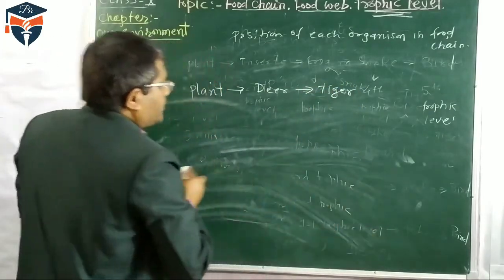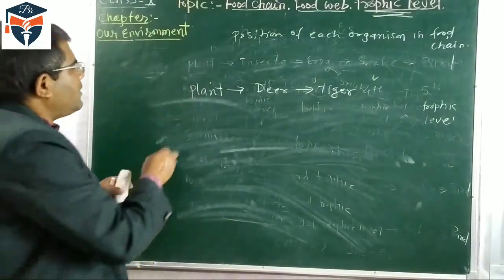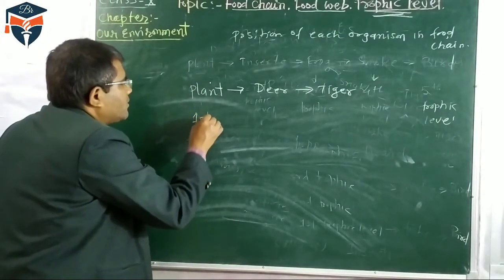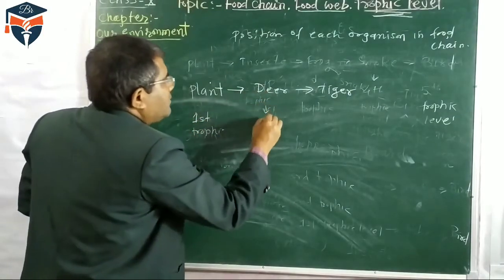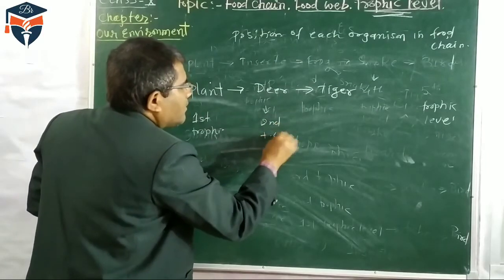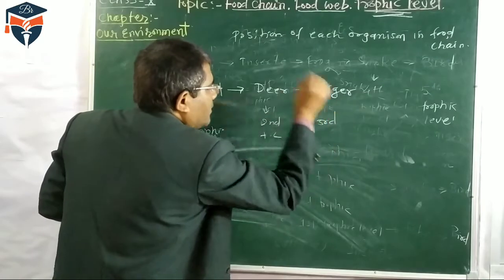In this forest food chain, now if it is asked what is the position of the plant? So plants are producers, they come in the first trophic level. The deer comes in the second trophic level. Tiger comes in the third trophic level.